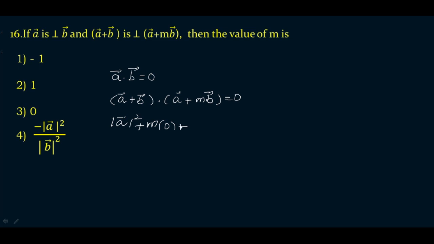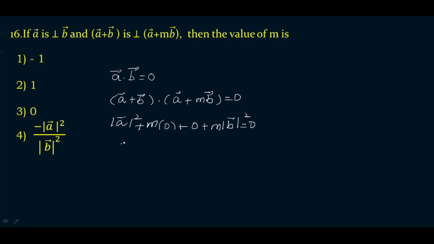Similarly, plus vector B dot vector A, its value is 0, plus m is a scalar quantity. Vector B dot vector B, you know, is magnitude of vector B whole square, is equal to 0.